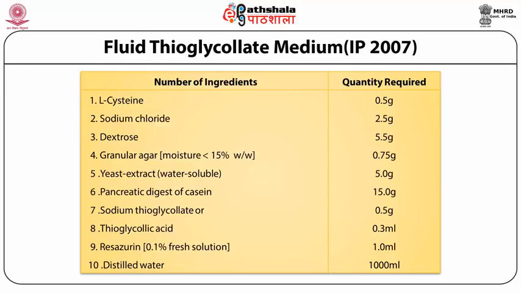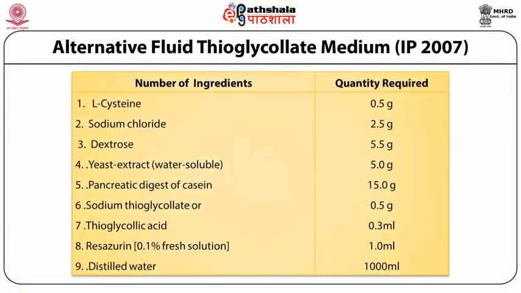The ingredients are L-cystine 0.5 gram, sodium chloride 2.5 grams, dextrose 5.5 grams, granular agar 0.75 gram, yeast extract water soluble 5 grams, pancreatic digest of casein 15 grams, sodium thioglycolate 0.5 gram or thioglycolic acid 0.3 ml, resazurin 0.1% fresh solution 1 ml, and distilled water 1000 ml. Alternative fluid thioglycolate medium IP 2007: the constitution is again the same as fluid thioglycolate medium.